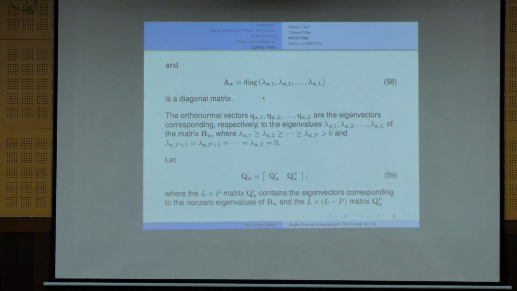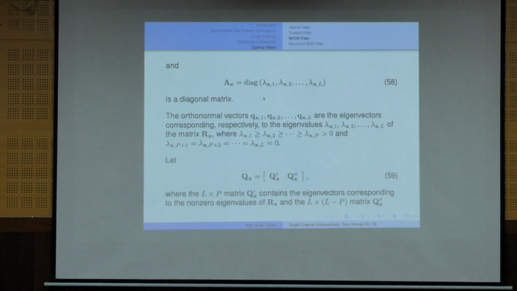So we have more noise to reduce without any distortion. So with the MVDR, we will see that if P is smaller, it means that the signal is contained in a smaller subspace. We can reduce more noise without distorting the signal.